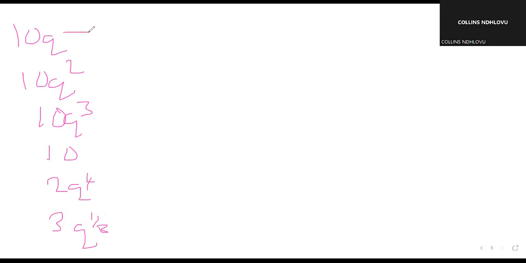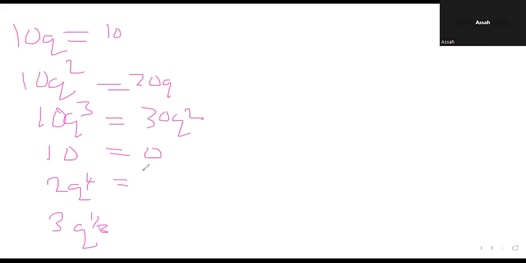So 10Q becomes what? Just the derivative. 10. 10Q squared: 20Q. 10Q cubed: 30Q squared. Good. 10 differentiates to what? 0.